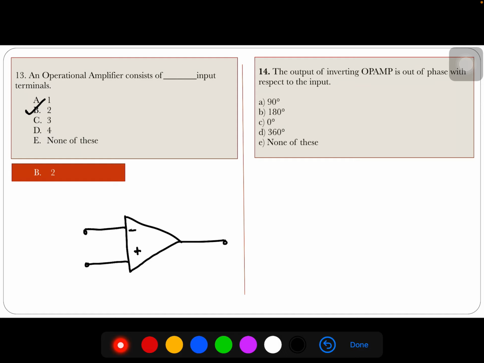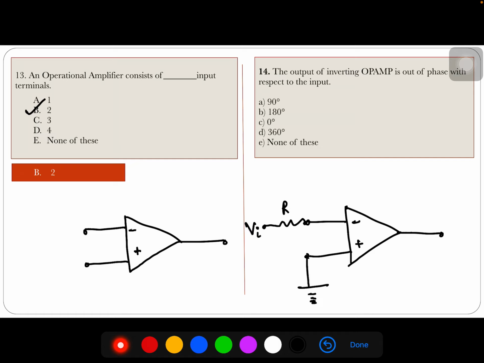The output of inverting op-amp is out of phase with respect to the input. Yes, we all know that inverting means you are going to apply the voltage at the inverting end, and the non-inverting end will be grounded. This is series resistance, and a negative feedback will be there because it has certain advantages.